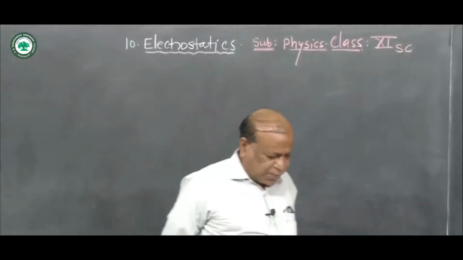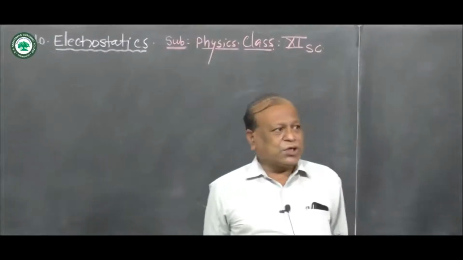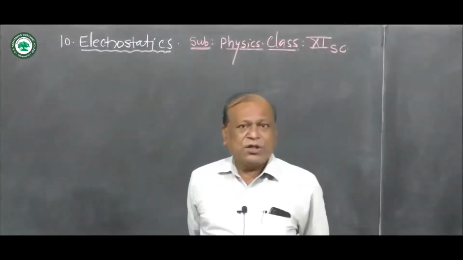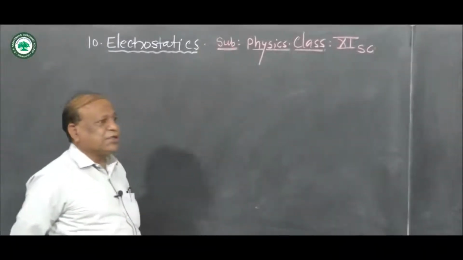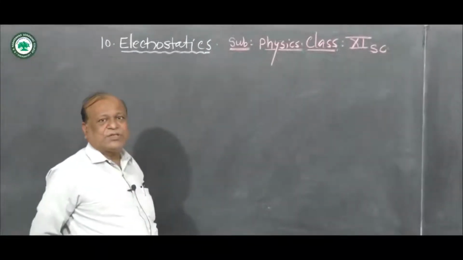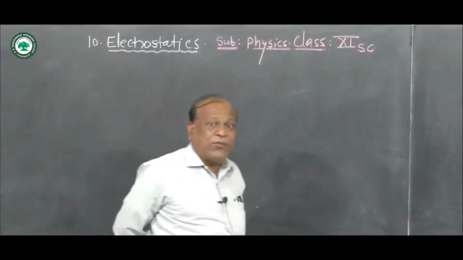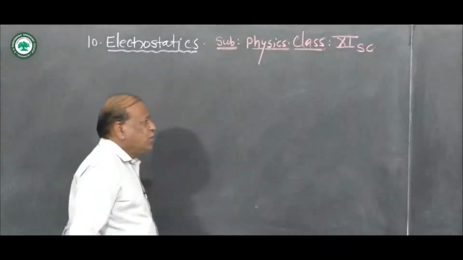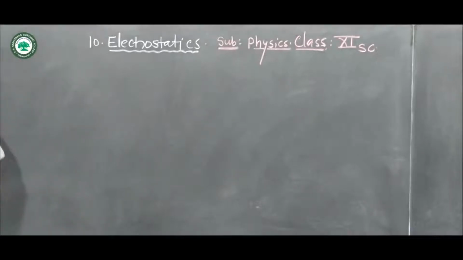In the previous lecture, we saw Coulomb's law in electrostatics, the statement of Coulomb's law in vector form. Now today we are going to a new article concerning the topic.